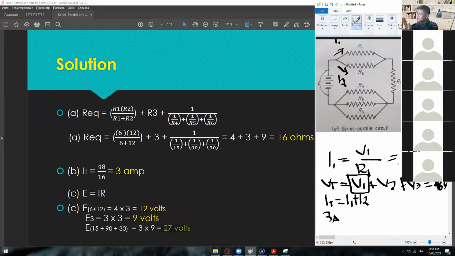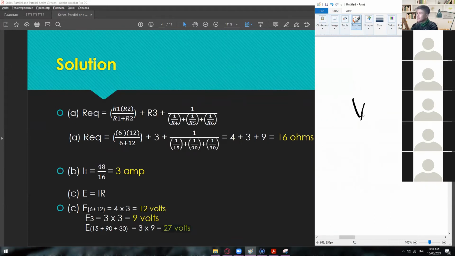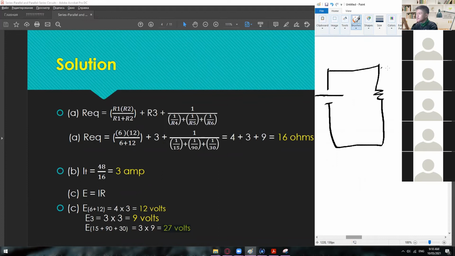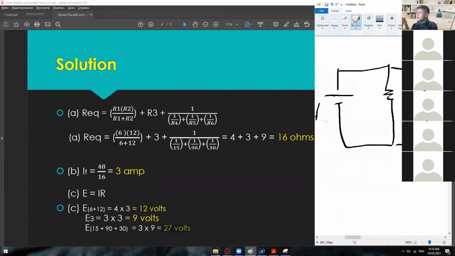So kapag i-compute nyo na to, kapag isang parallel connection lang, let's say this is your voltage source para malinaw na lang. Kapag isang parallel connection lang, V total is equal to V1 and then V2.